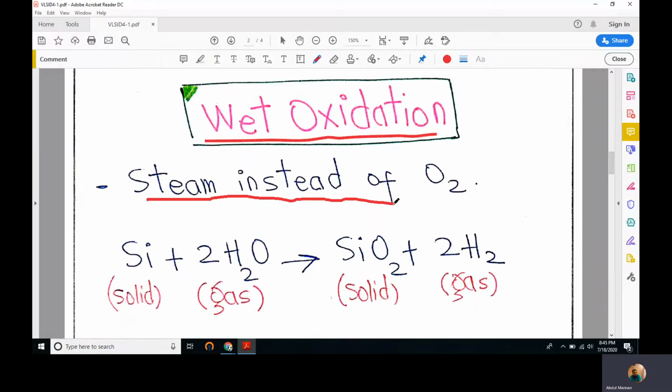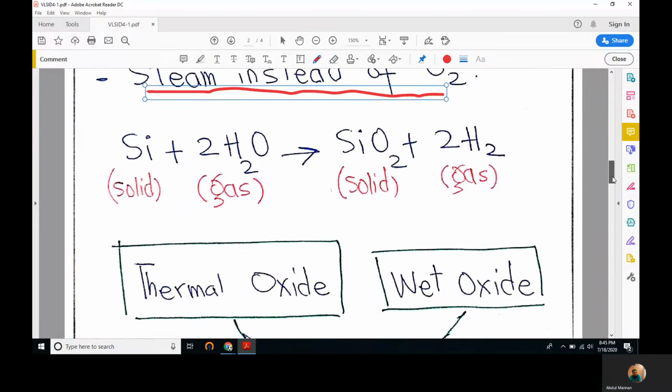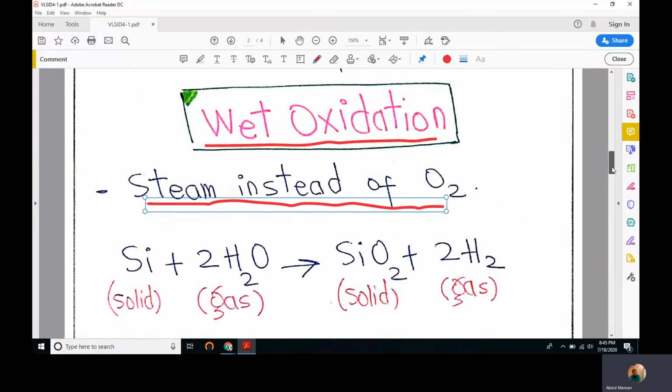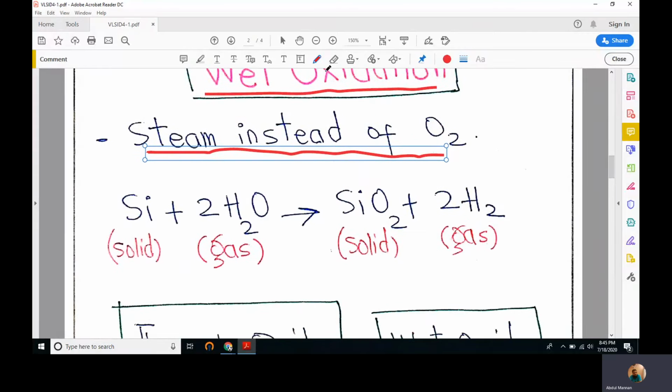Instead of oxygen, we use water. Hot steam passing over silicon converts part of it into silicon dioxide and H2 gas, which is evaporated. So it's a faster process, requiring less time to convert the top layer into silicon dioxide.